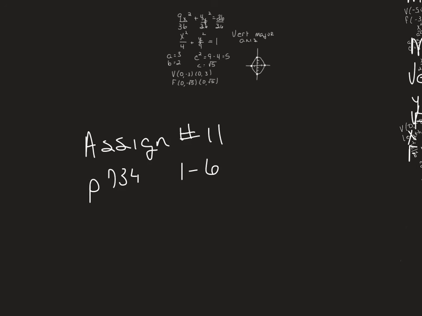On 1 through 6, give me the center and the radius, as well as matching it with the correct graph. Tell me what is the center, tell me what is the radius, and match with the correct graph. You're going to get a point for each of those. So be sure that you work that out, the center, the radius, and which graph it matches.